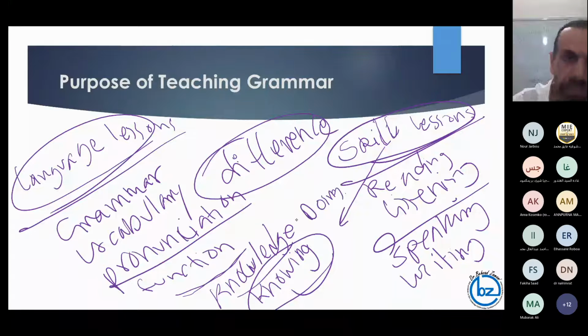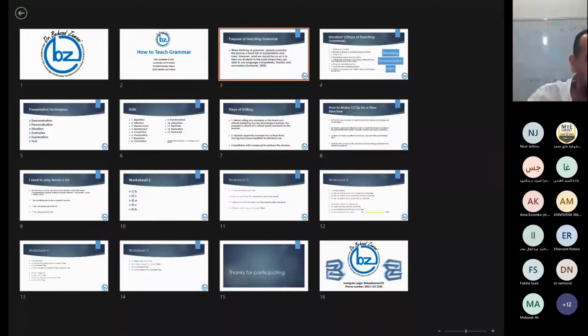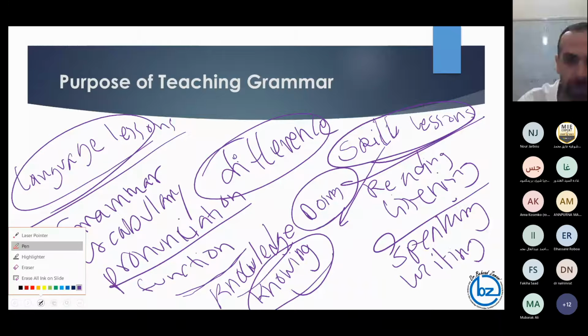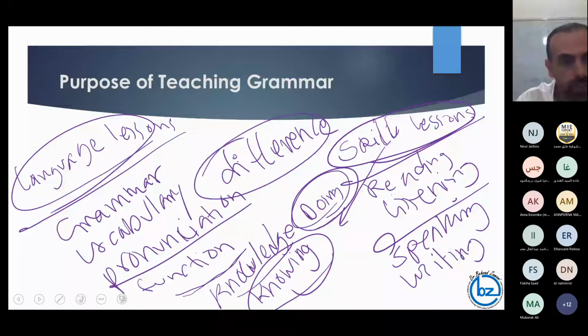That is what makes this difference. Simply speaking, language is the matter of knowledge, but skill is the matter of doing. So knowing and doing are the two things that we need to consider. And it was the right answer.